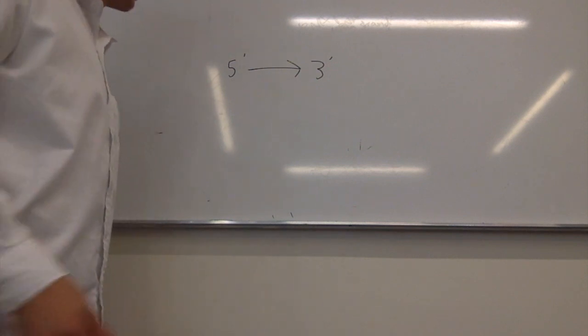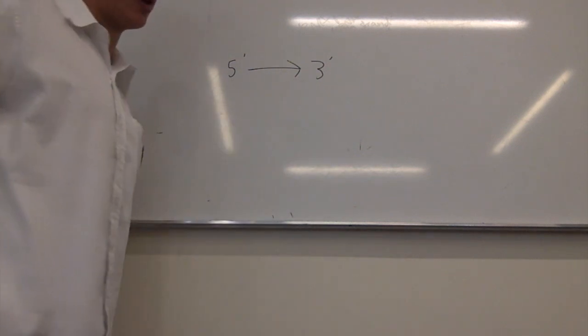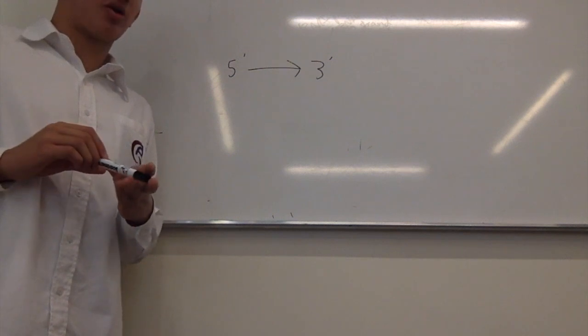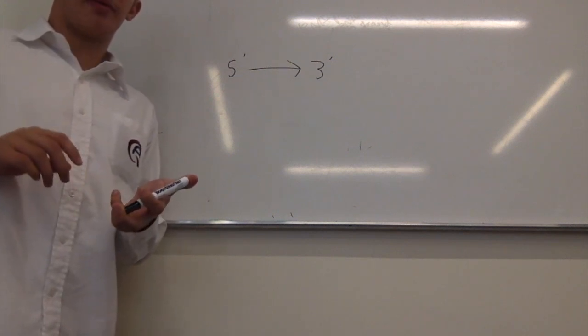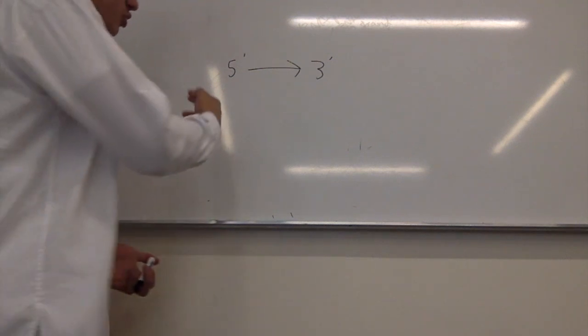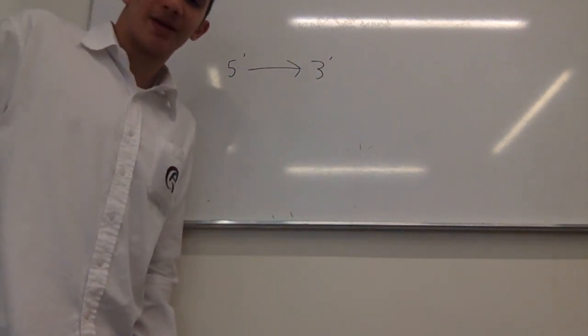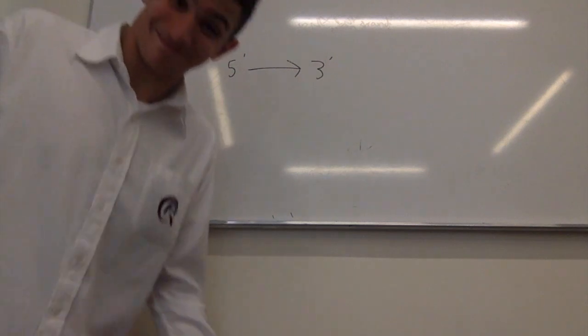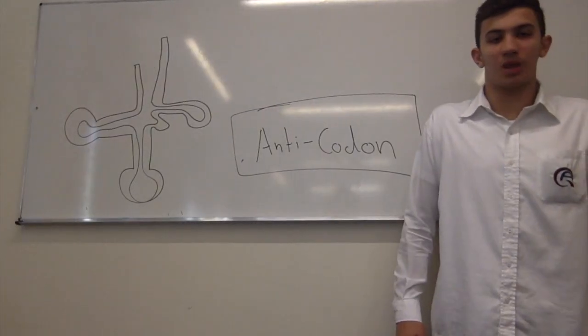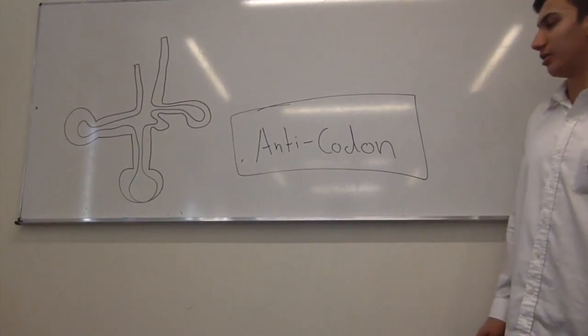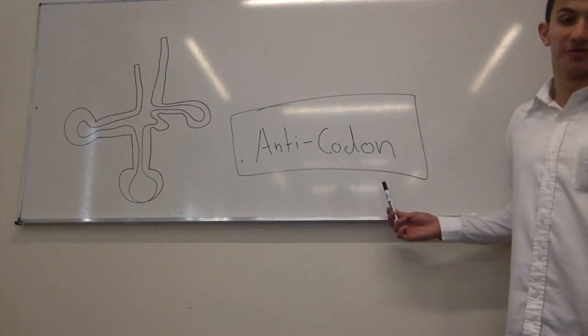Transcription occurs in the 5' to 3' direction, meaning that when mRNA is produced from the coding strand, it is produced in the 5' to 3' direction, which is important to know for knowledge's sake. In tRNA, there are anticodons.